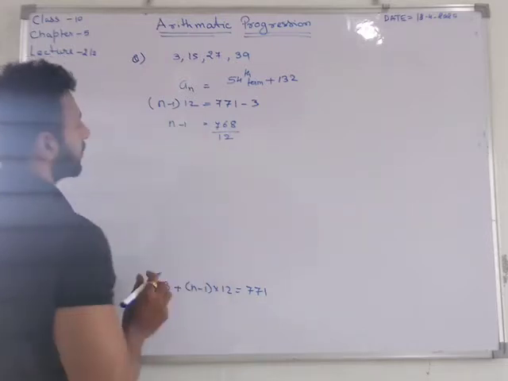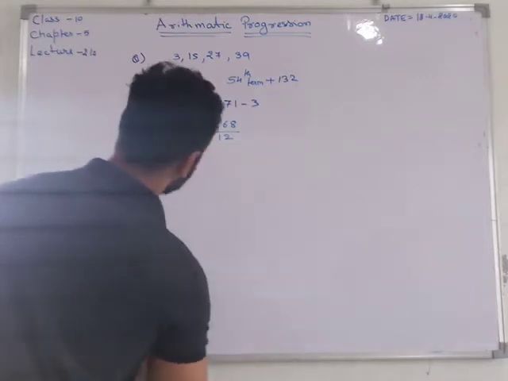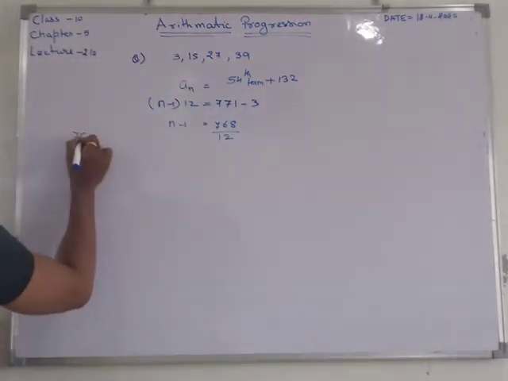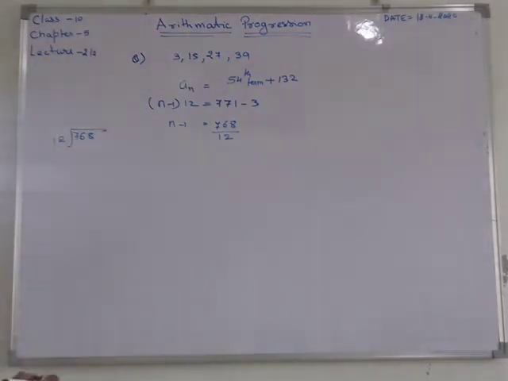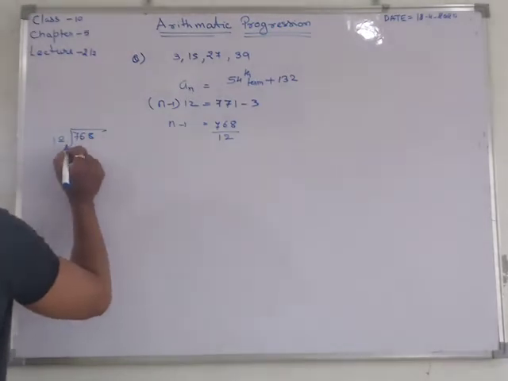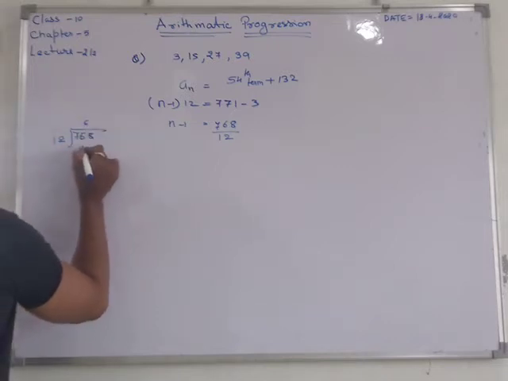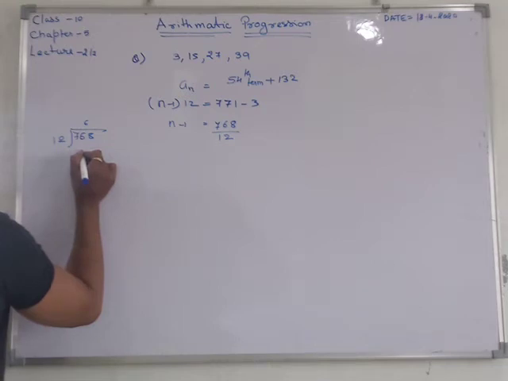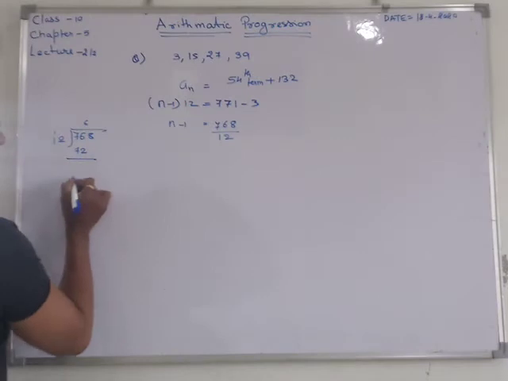Now, dividing 768 by 12. Six twos are 12, then 72.